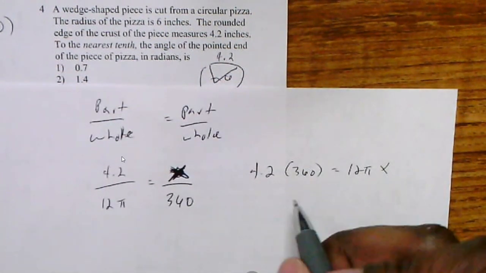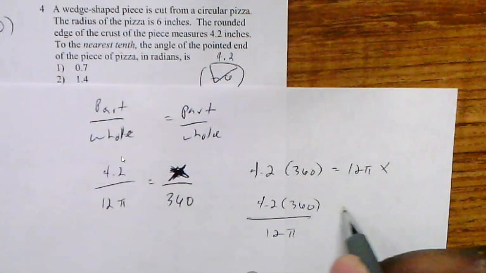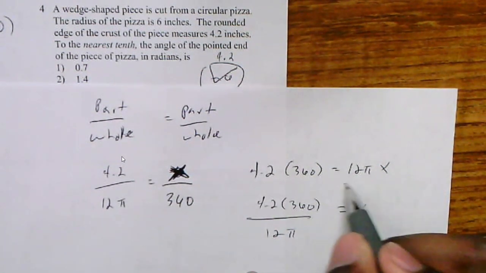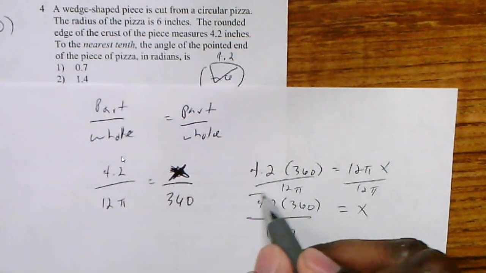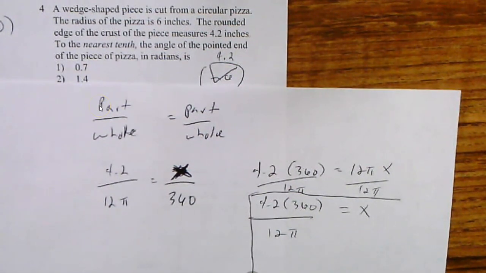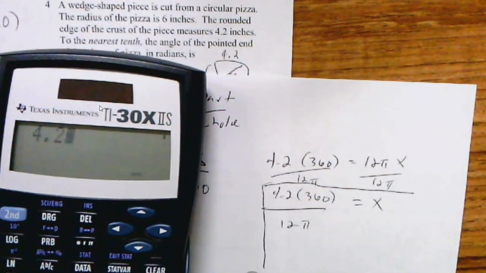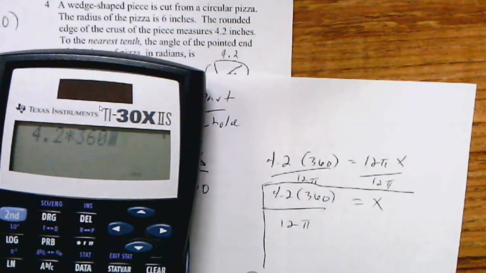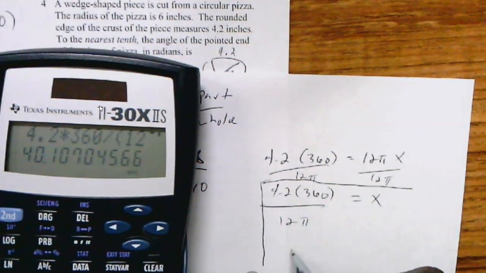To finish solving that for x, you divide 4.2 times 360 by 12 pi, dividing this side by 12 pi and the other side by 12 pi, so you get x alone. Plugging this into my calculator directly, it's 4.2 times 360 divided by 12 pi. That's about 40.1 degrees, so x equals about 40.1 degrees.